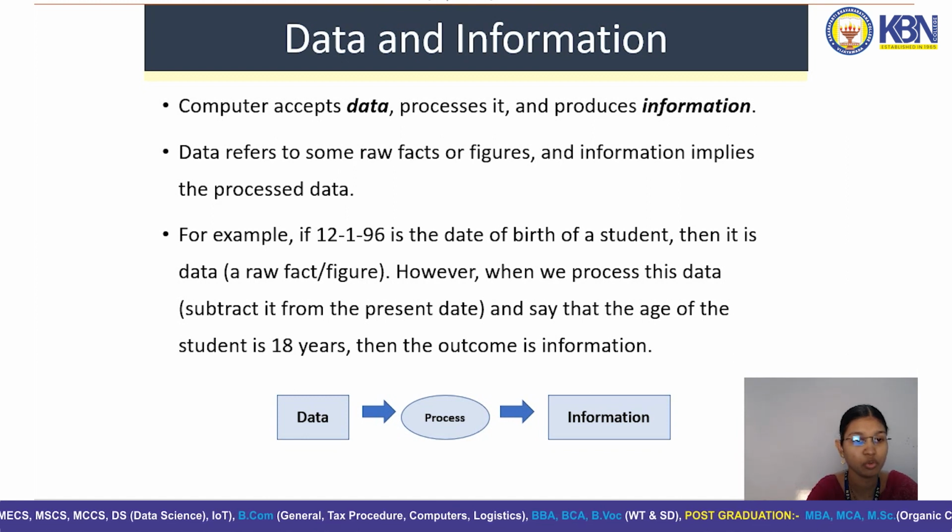Next, first of all we have to know what data and information are. Computer accepts data, processes it, and finally produces information. Data means raw facts or figures. For example, if we take a person's date of birth, that is data.